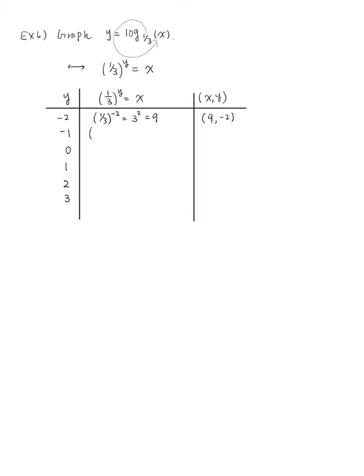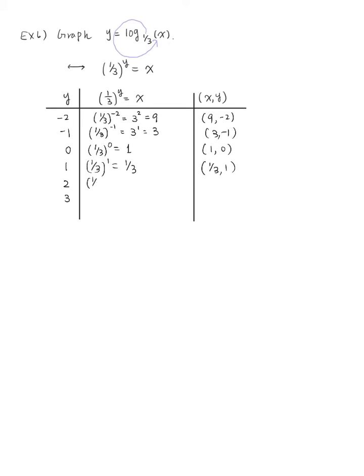All right, now let's go with when y is -1. So we got (1/3)^-1, which is 3 to the first, which is 3. So we have (3, -1). Then y equals 0, we got (1/3)^0, which is just 1, so (1, 0). And then (1/3)^1 is 1/3. So here you're going to have (1/3, 1).